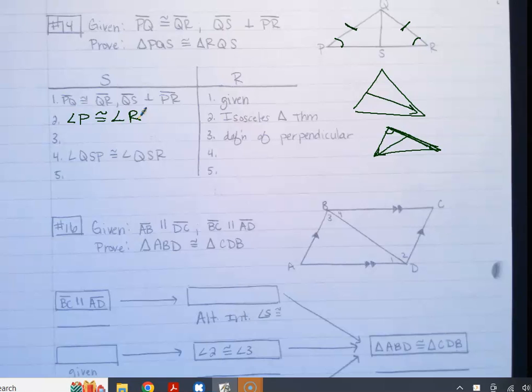All right, so our next one, we're going to use the definition of perpendicular. What is the definition of perpendicular? Kaden, you can look up the definition for us of perpendicular in the back.